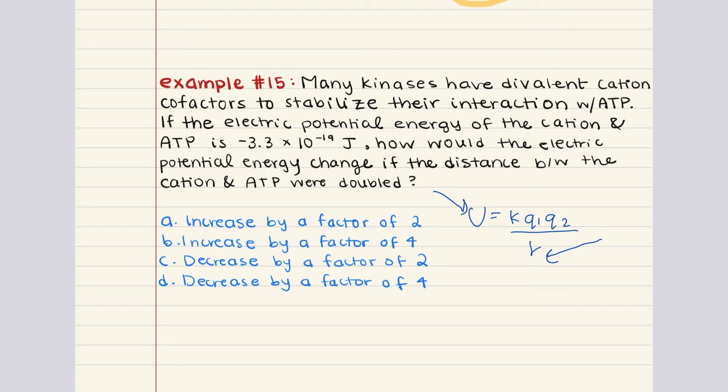So here, these are oppositely charged entities. So when oppositely charged species like ATP and a cation are moved apart, their potential energy will increase, reflecting the fact that these oppositely charged species would like to move back to a closer distance.